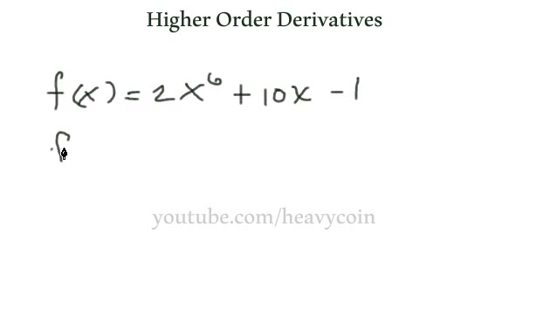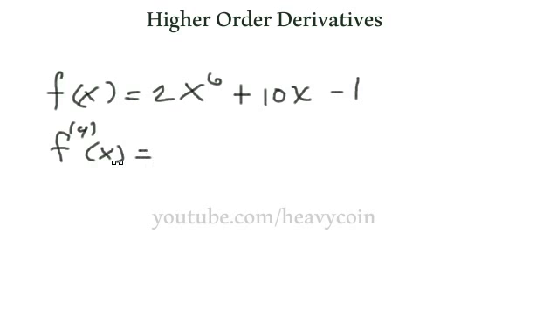And we are asked to find f superscript 4, the fourth derivative. So instead of writing prime, prime, prime, prime, we just put a number 4 up here and we put parentheses around it.